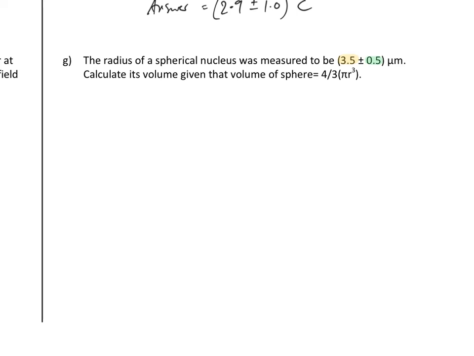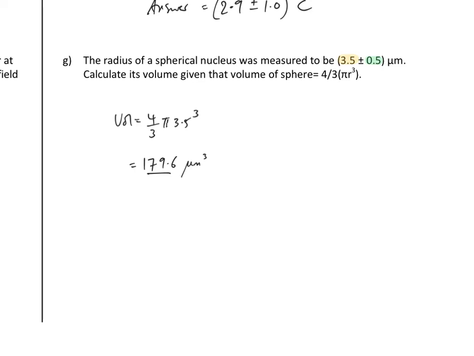So the volume, there you go. It's been 5 minutes since I last did that. Volume equals 4/3 pi times 3.5 cubed, which comes in at 179.6, and that's now in micrometers cubed.